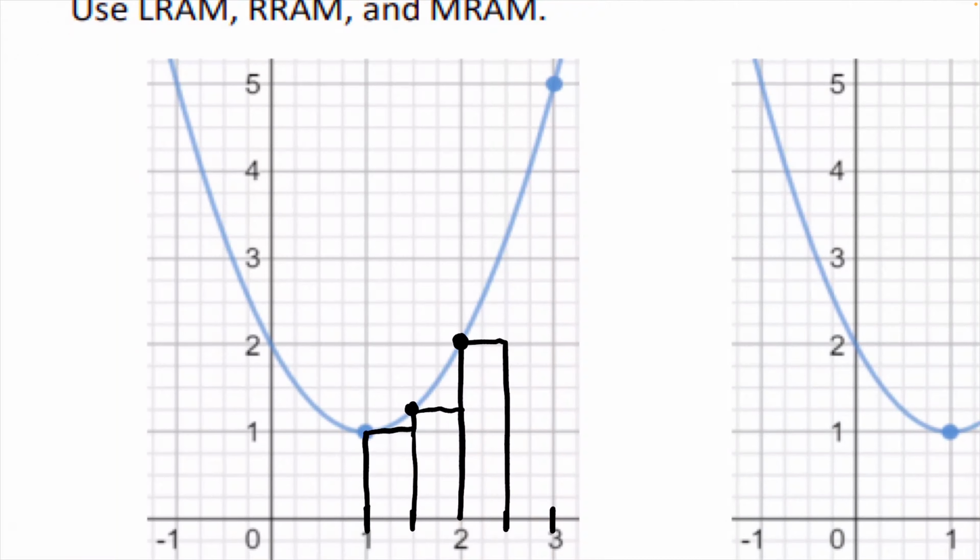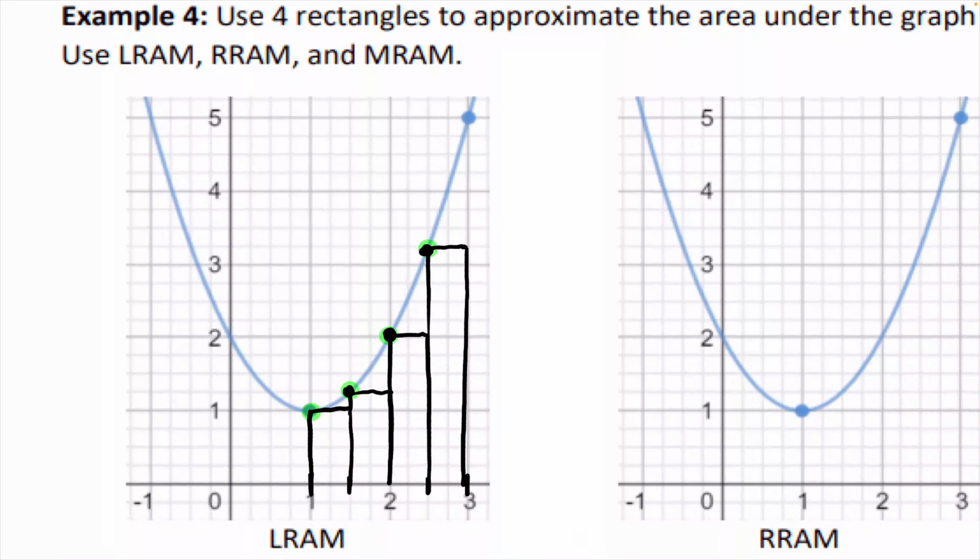I'm going to go up till I hit the graph, go over, and I should finish at 3. And I should have my 4 rectangles. 1, 2, 3, 4 dots, all touching the top left. Okay? We're going to come back to this one because we're actually going to figure out what the area is of each of those bars.